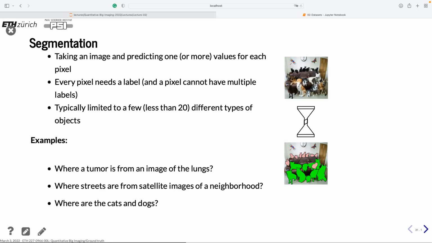Every pixel will be assigned a label. In this case, we have cats and dogs, and also background. And the question you ask is, where are things? Like, where are tumors in the image of a lung? Identify the streets in a satellite image, or of course, the cats and dogs, as I show here.